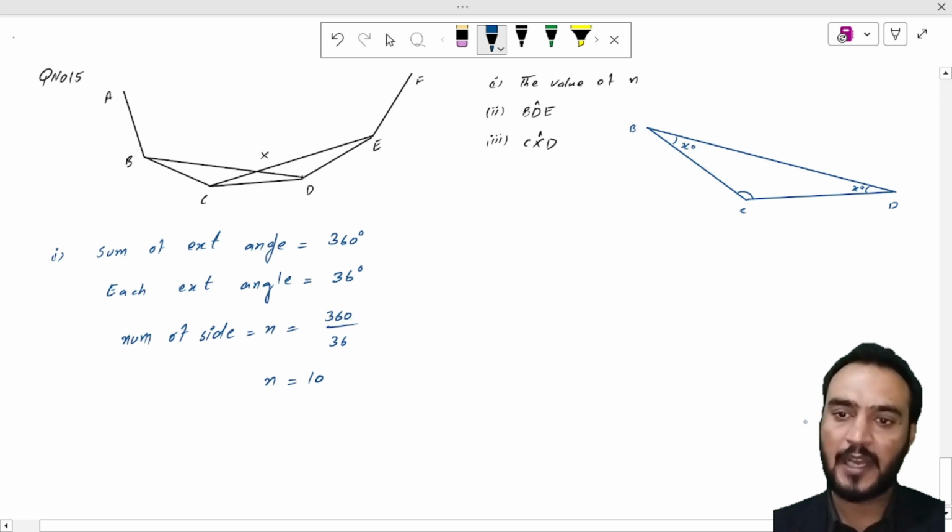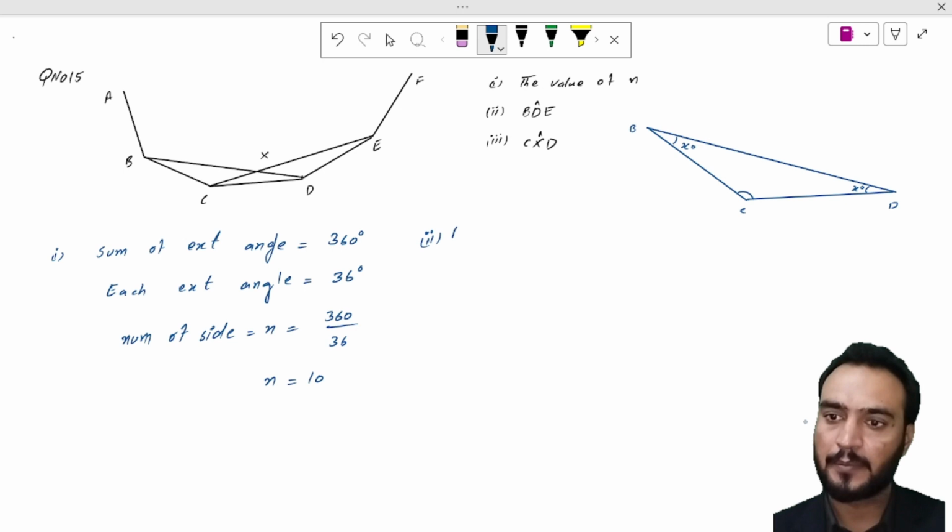Now we will find the angle in the second part, angle BDE. We are going to find this angle BDE.